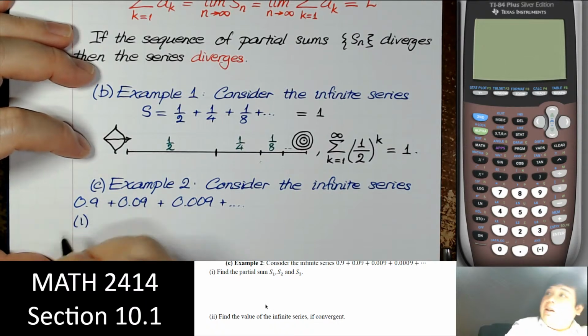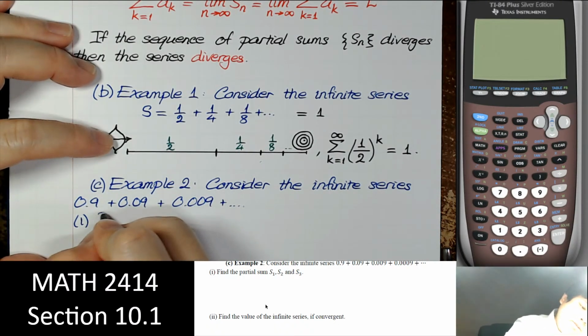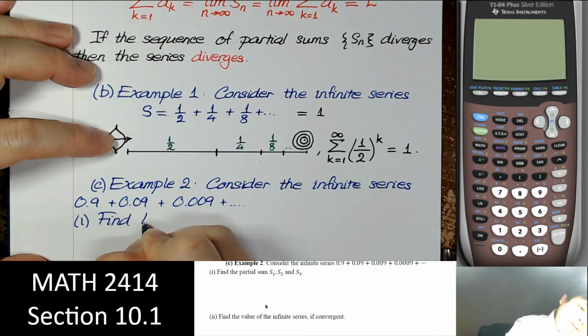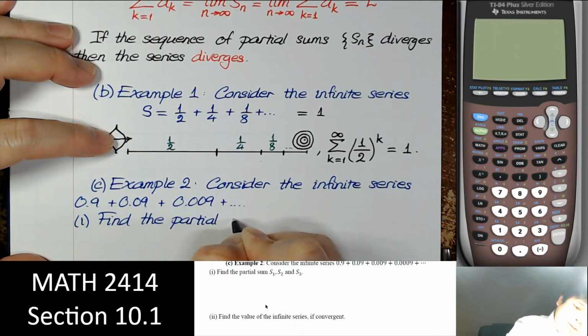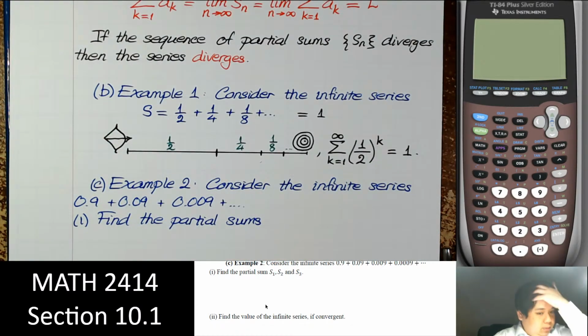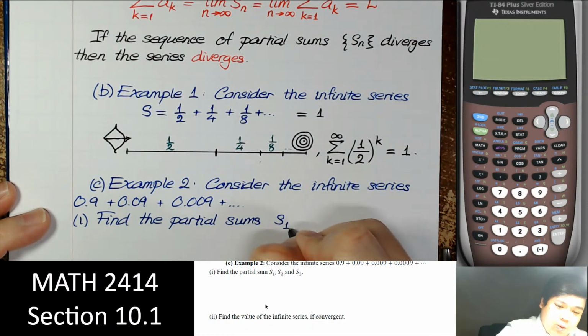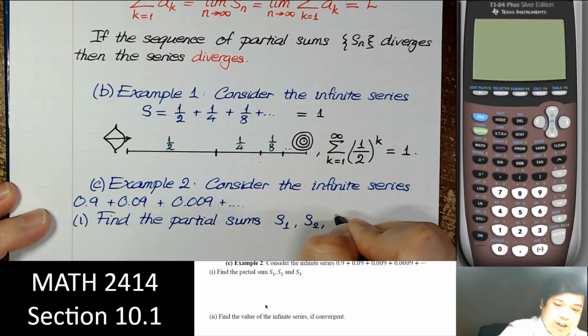First, find the partial sums S1, S2, and S3.